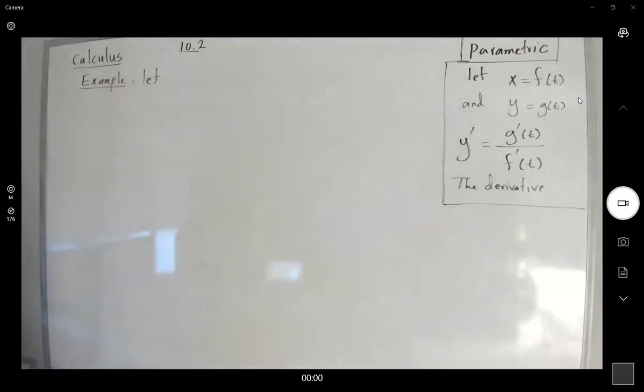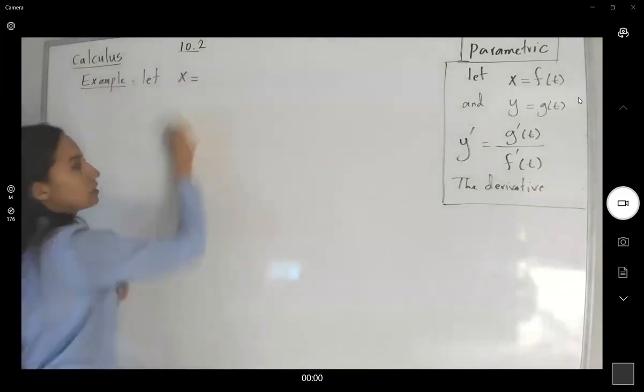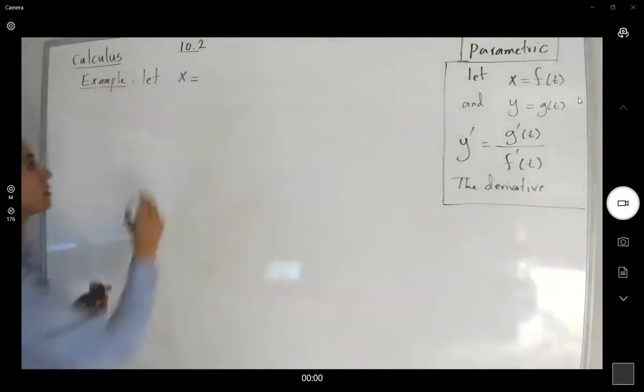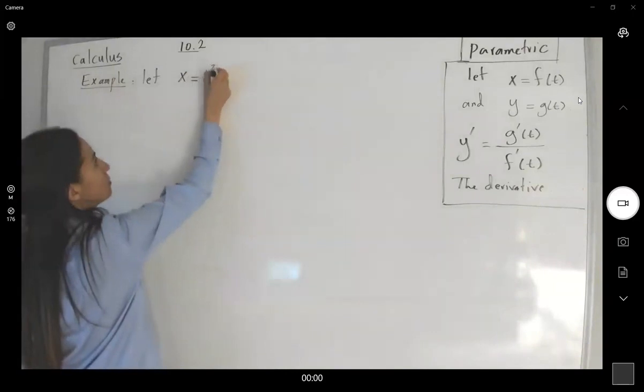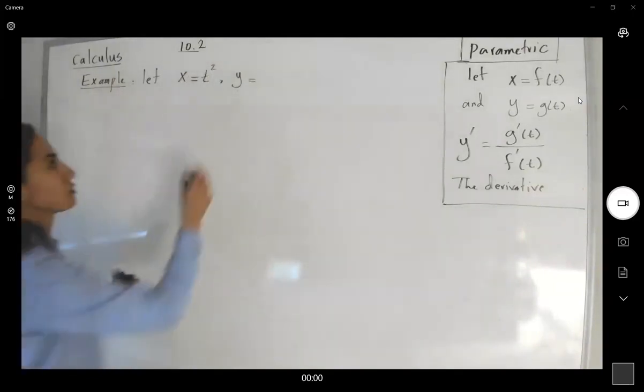Suppose we have these parametric equations, x is equal to t squared, and y is equal to t cubed minus 3t.